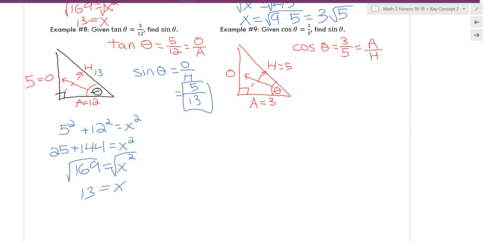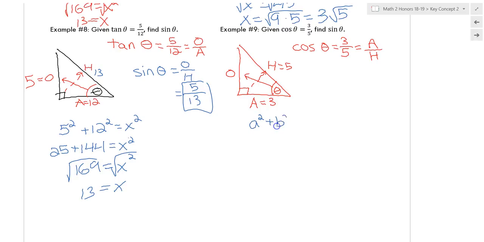So then doing our Pythagorean's theorem, a is 3. I don't know my opposite side.